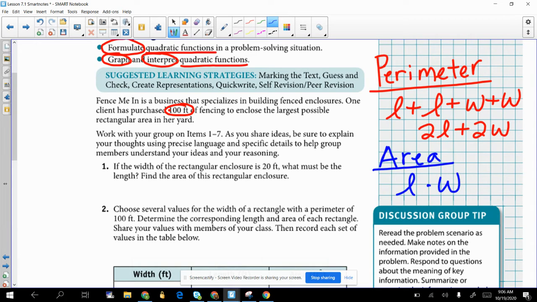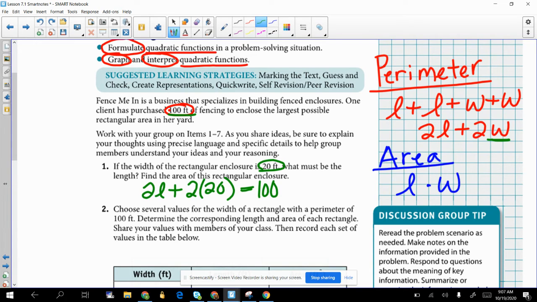Okay, so it says here, if the width of the rectangular enclosure is 20 feet, what must be the length? In order to figure this out, if we know the width is 20 feet, we could do 2L plus 2W. And instead of your W, let's plug in the 20. And then it has to equal this 100 feet that she has total.